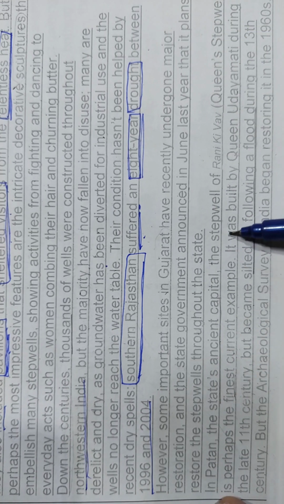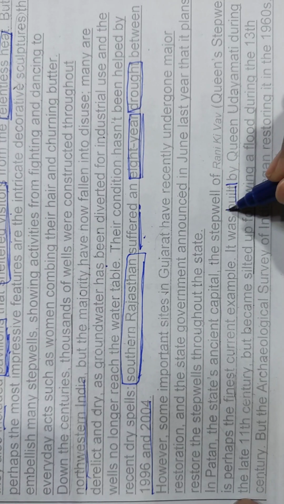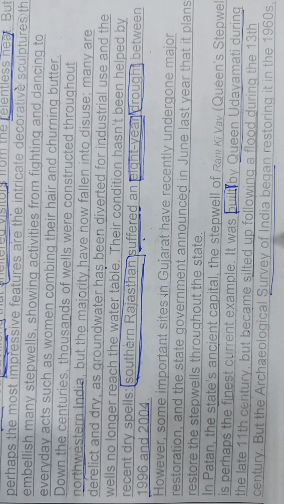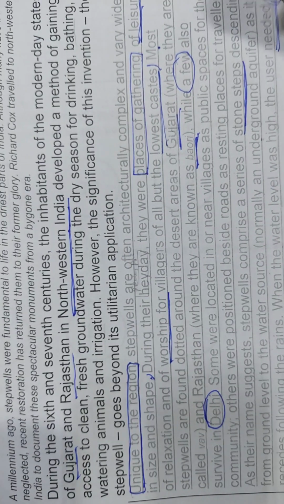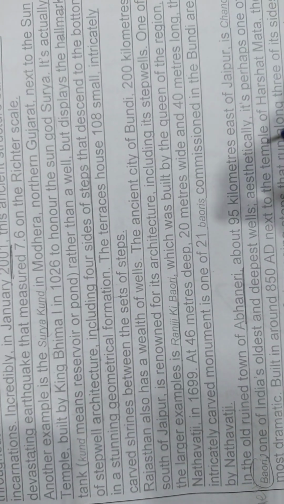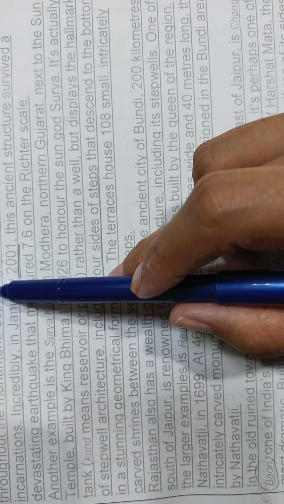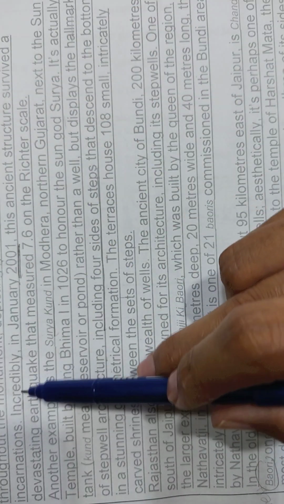In Patan, the state's ancient capital, step wells. Perhaps the finest current example was built here by a Queen. They are talking about the building, the Archaeological Survey of India, the survey, and today the construction, like how long it is.